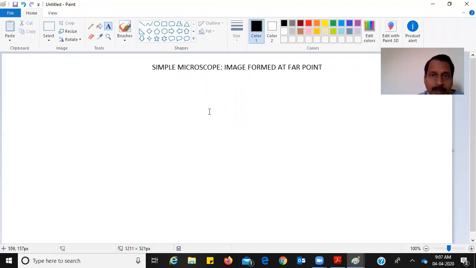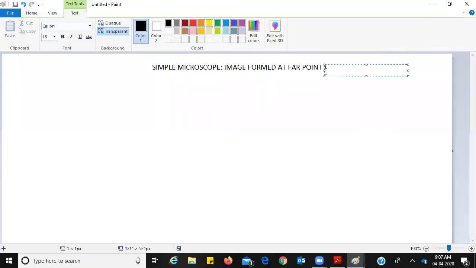Far point means infinity. So how to get the image formed at infinity? Object at the focus. So you can draw the diagram.